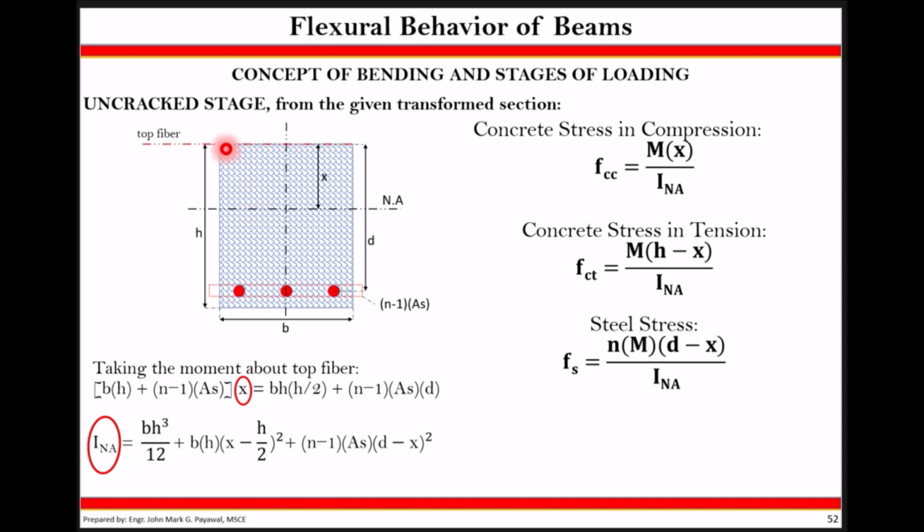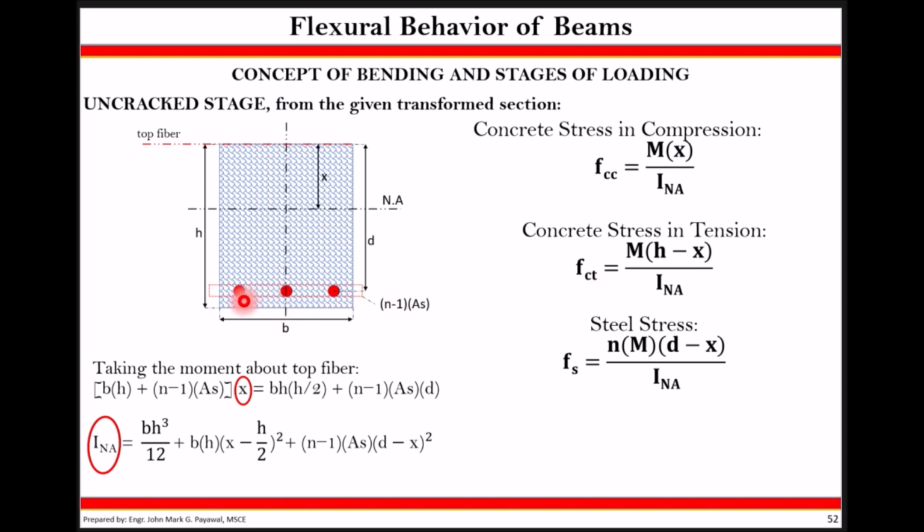But since we know that from tip to tip, that's equal to h, when we subtract this value, we can compute the value of this depth, which is equal to h − x. And so, that would be the stress in concrete caused by your tensile force.